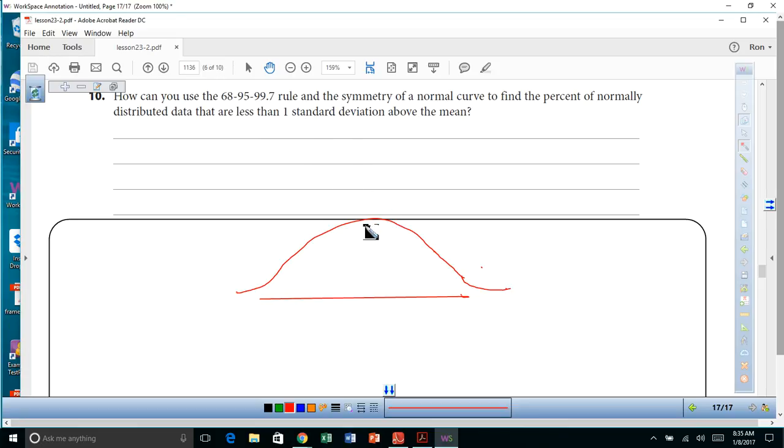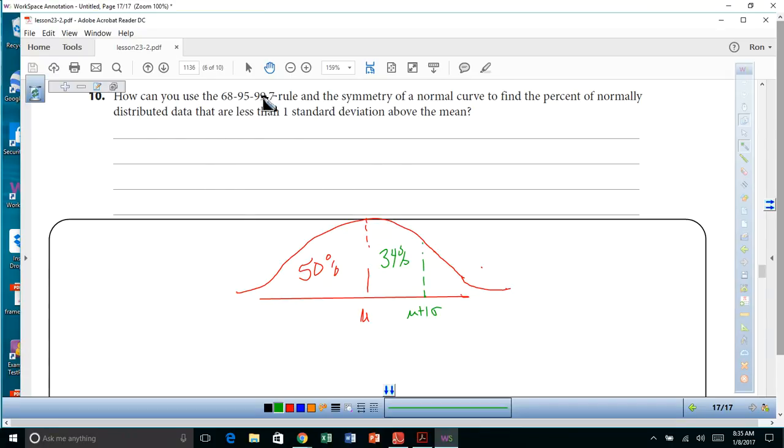So less than 1 standard deviation here. There's our mean, right? Then we know that this is 50%, and over here is 50%, right? If we go 1 standard deviation here, that's mu plus 1 standard deviation. We know that this is 34%. We just did that a second ago, right?